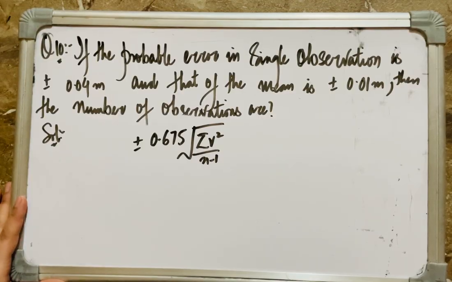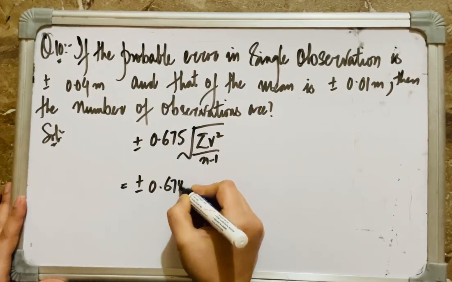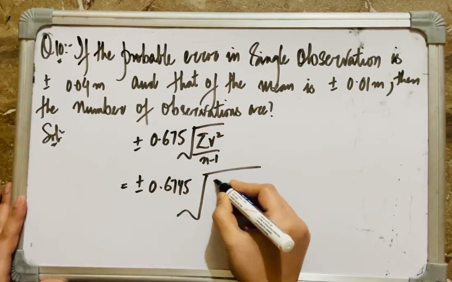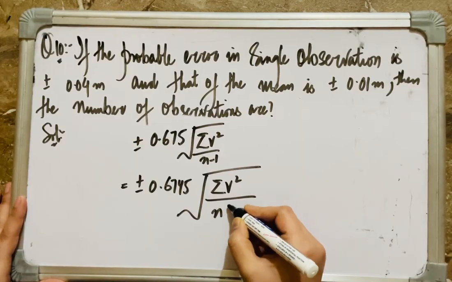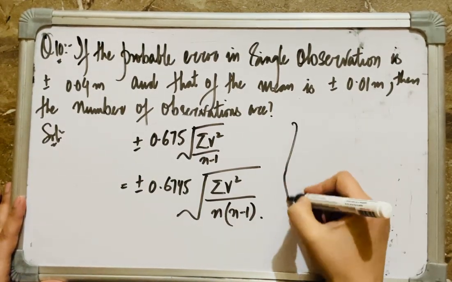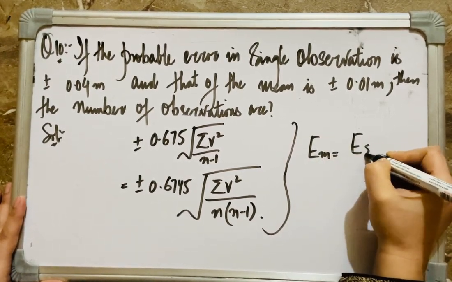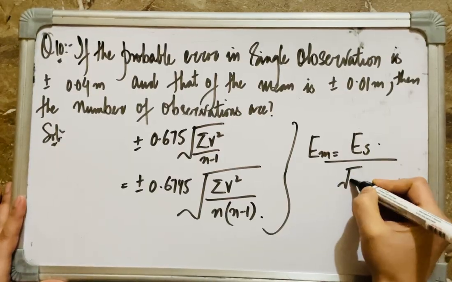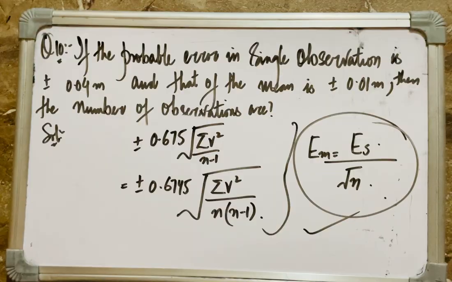But the most probable error of the mean is given by plus minus 0.6745 times the standard deviation divided by square root of n. I use the same expression and calculated my number of observations, which came to 16.